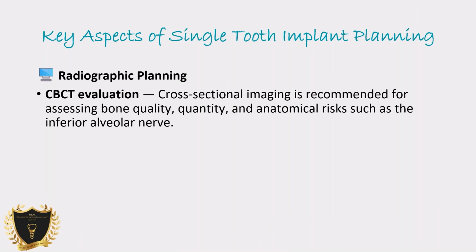Every office has a cone beam machine in their office, or if you're working with a surgical provider, somebody has a provider or an imaging center in your area. Get a cross-sectional imaging. That's the ideal recommendation.